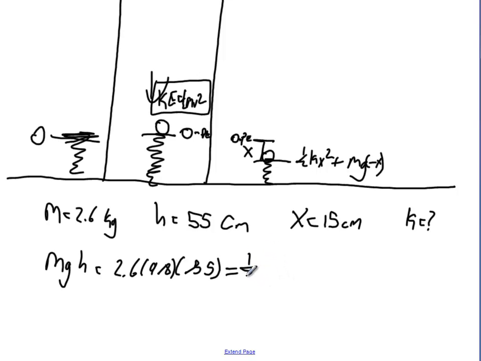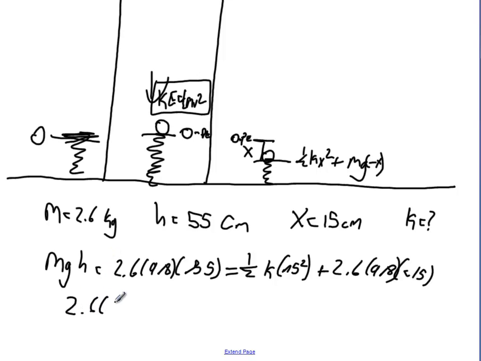1/2 k, which is what I'm looking for, times x, which is 0.15 squared, plus m, 2.6, times g, 9.8, times h, except h is negative x, negative 0.15. Okay, so now I have 2.6 times 9.8 times 0.55, and I'm going to go ahead and add this term over because it's negative.